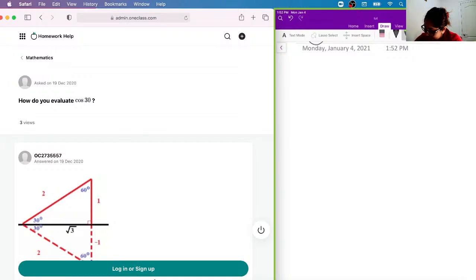So I'll just write this. If you guys remember your special triangles, I'll just draw one.